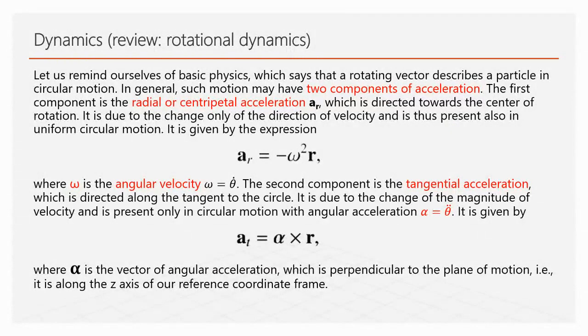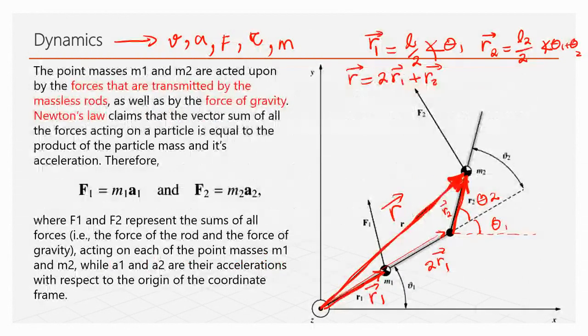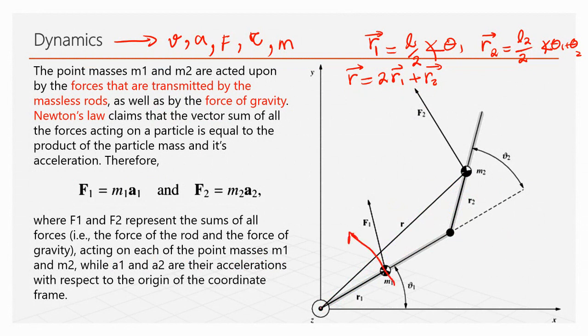Now we need to consider the rotation component, because what we have in our robot here is not just simply a linear movement. What we have here is a rotation, because this point is fixed, and also we have another rotation.